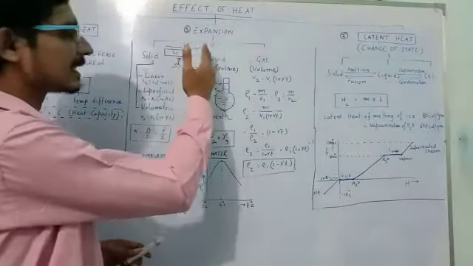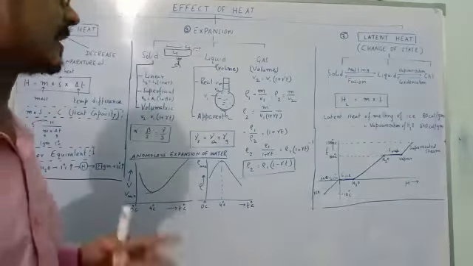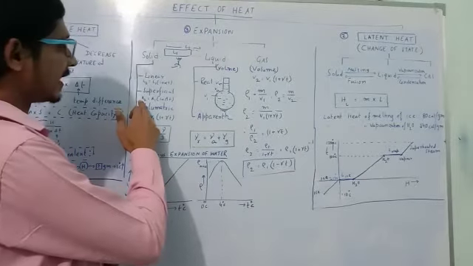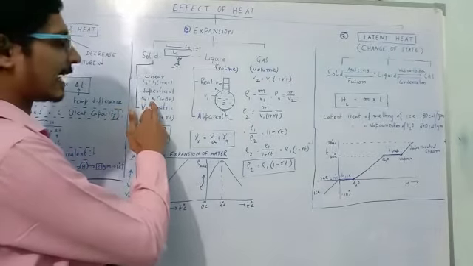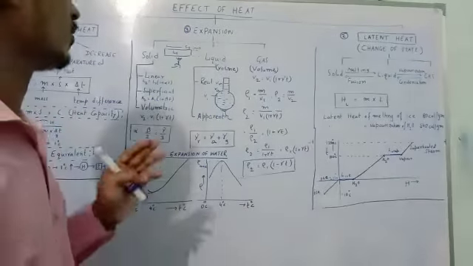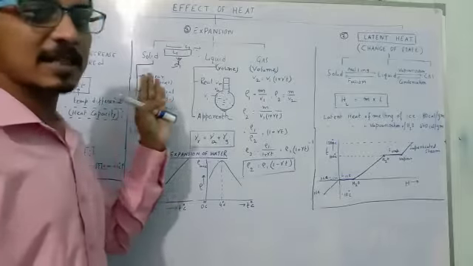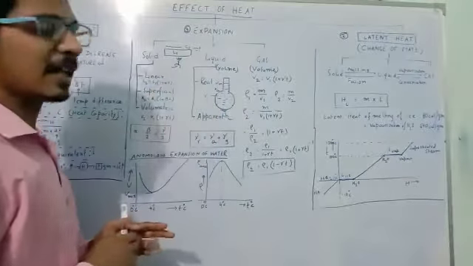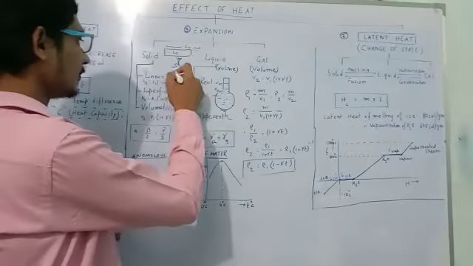Number B is change of area or expansion of area. If the length increases, then its area also changes, because area is equal to length into breadth. So the final area A2 will be the initial area A1 into 1 plus beta T. What is beta? Beta is the coefficient of superficial expansion. That area expansion is called superficial expansion.